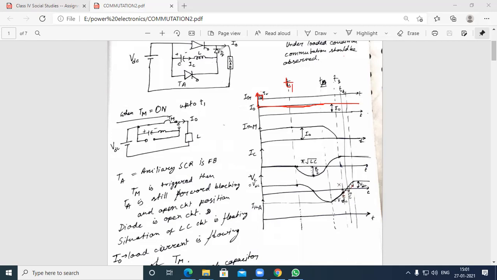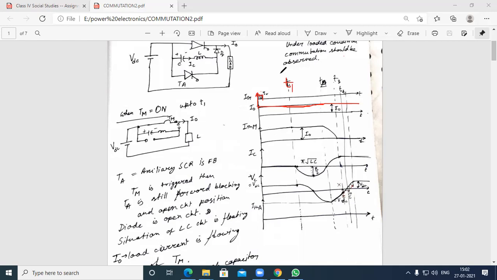So if both sides of the diode are positive, then it will be in a blocking state. So the diode is also open circuited. Now the LC circuit is floating. It is open. So the current will pass through the main thyristor. Load current is flowing through the main thyristor only.